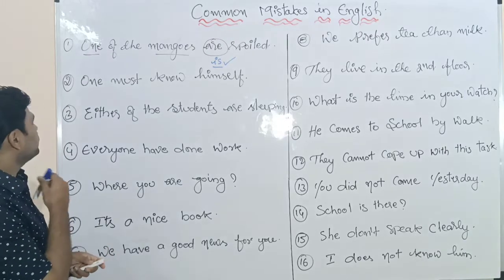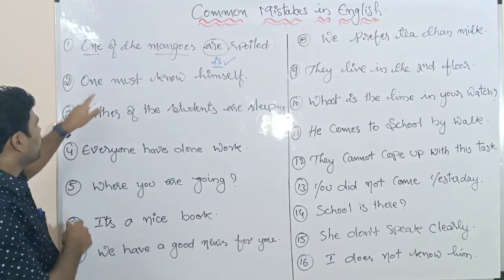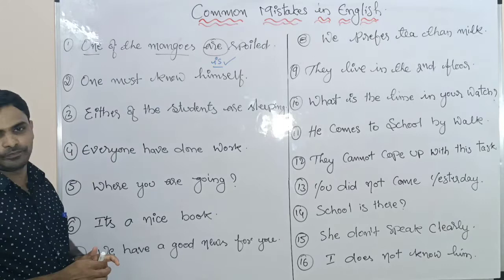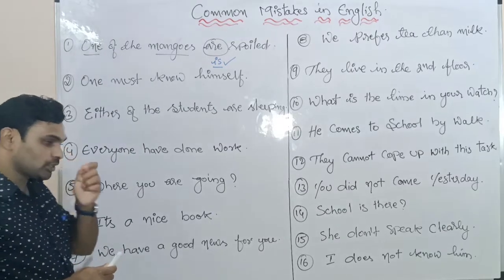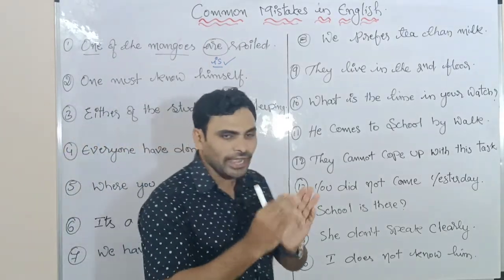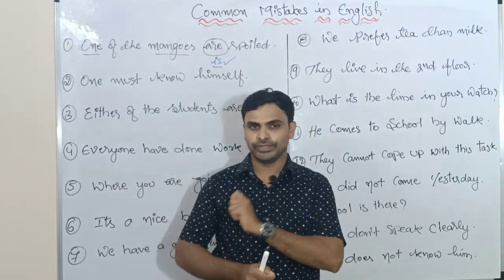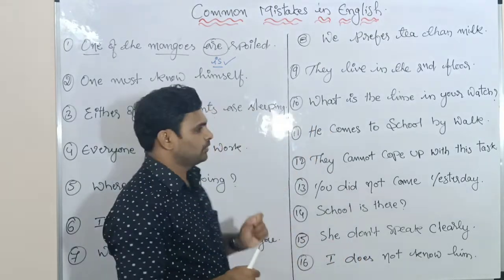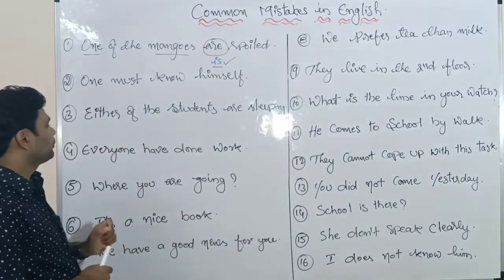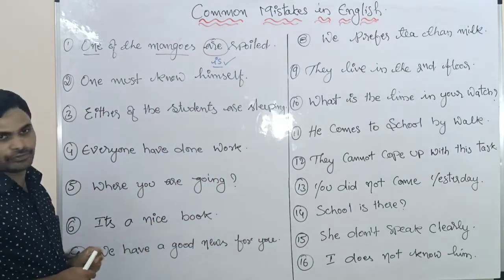And many of the times people make this mistake. So the second sentence: one must know himself. This one comes about the pronouns. For I, myself; you, yourself; he, himself; we, ourselves; she, herself.